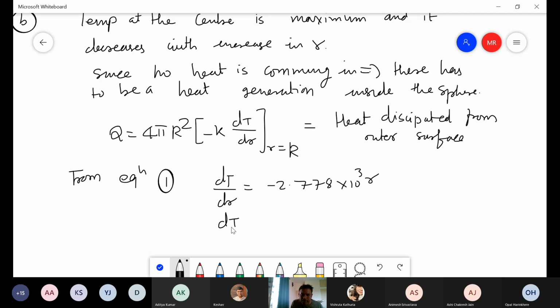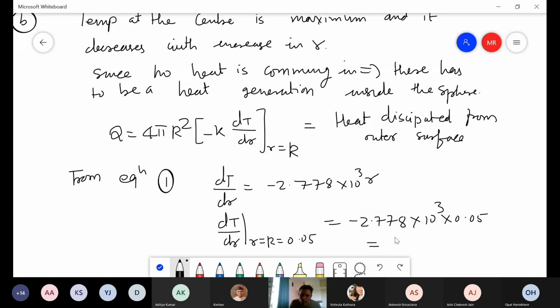And dT by dr at r equals R, that is 0.05, you can put that value here: 2.778 into 10 raised to the power 3 into 0.05.